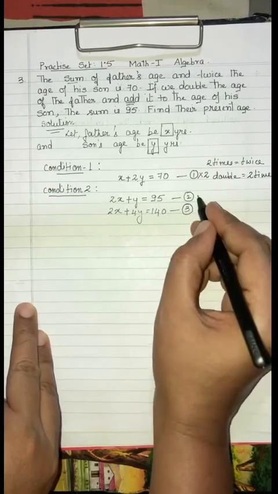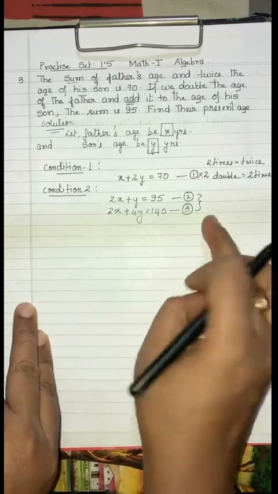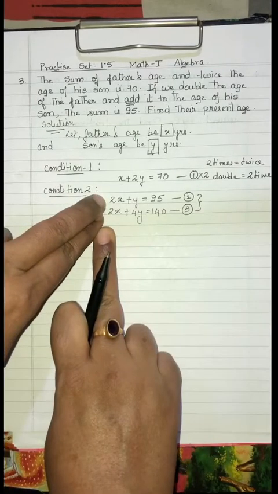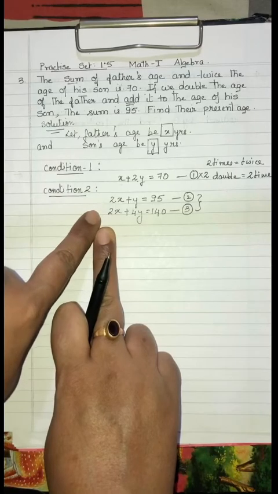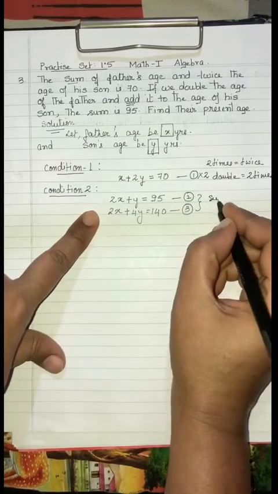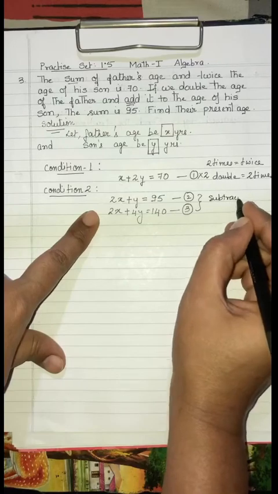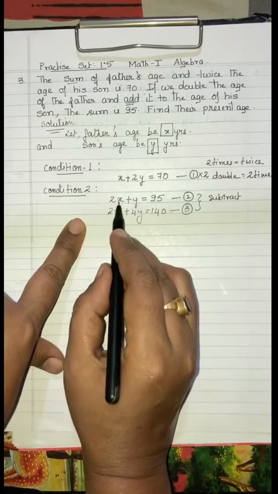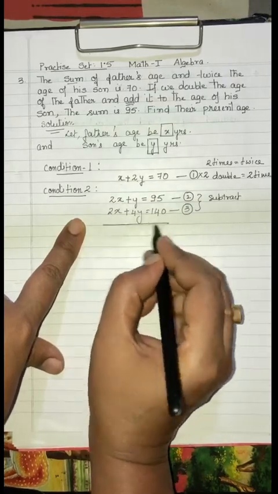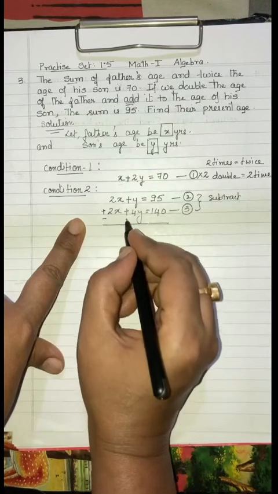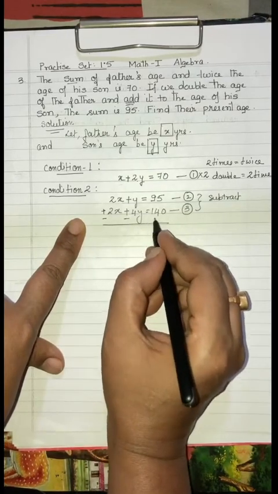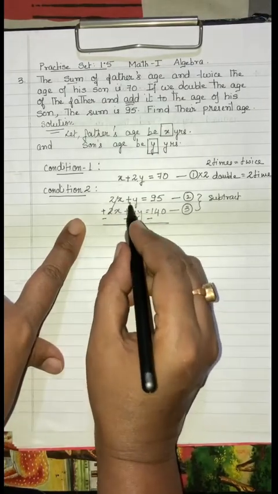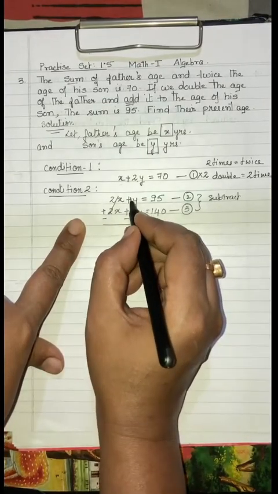Alright. Now let us see these 2 equations, the second and the third equation. We have 2x, both same values, so we have to subtract here because we need the change of signs. There has to be opposite signs so that both the equal values will get cancelled. This positive becomes negative, this positive becomes negative, and this positive also becomes negative, the change of signs. So you will have plus 1 minus 4. No number here means always 1.